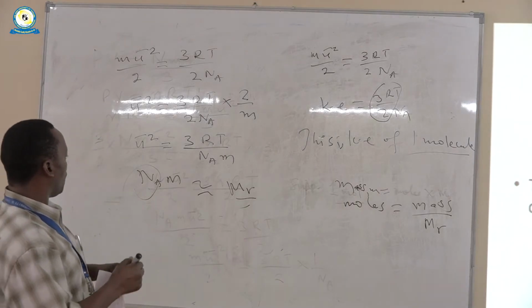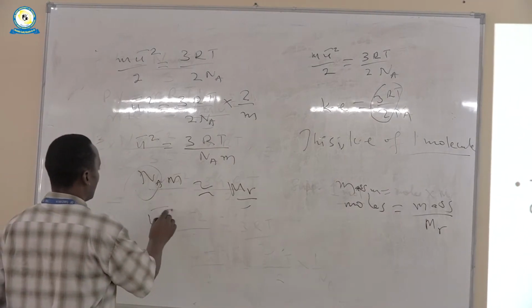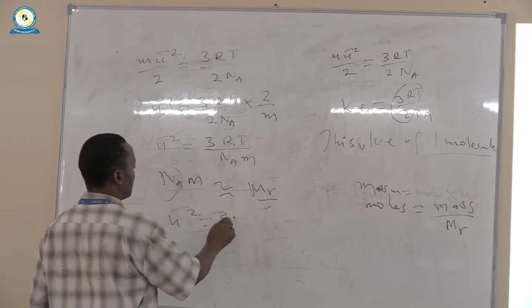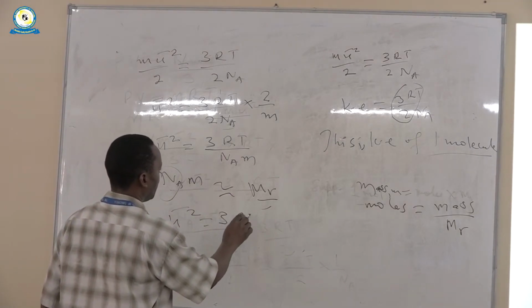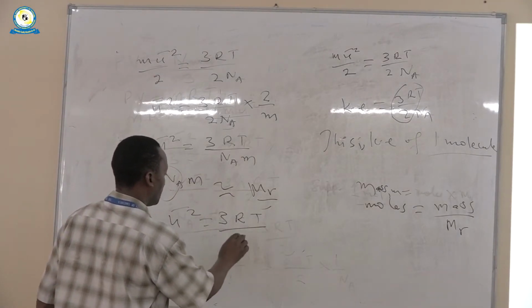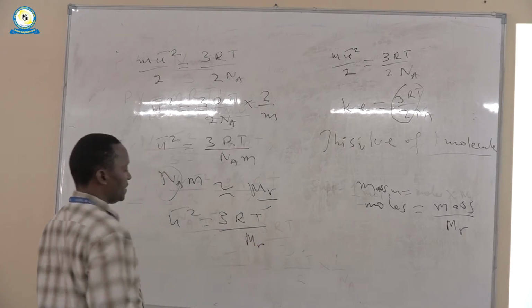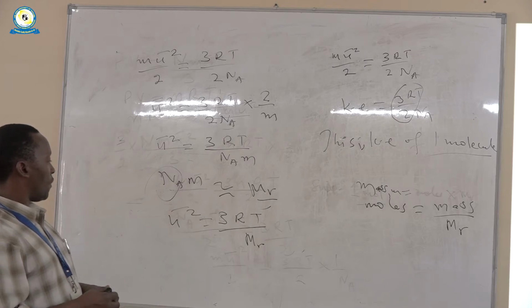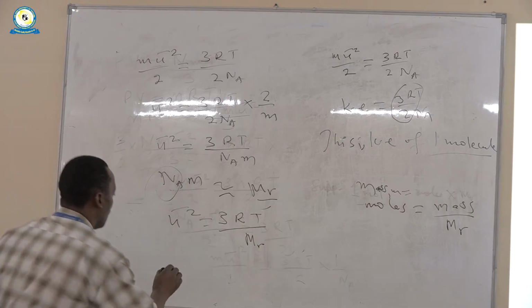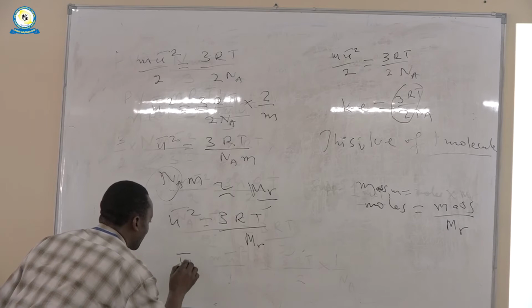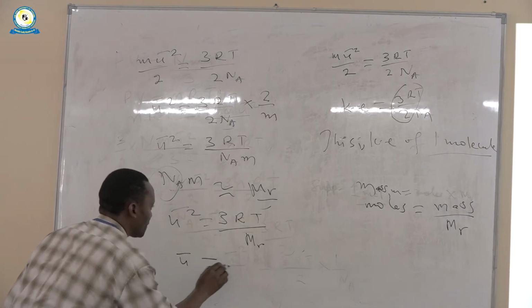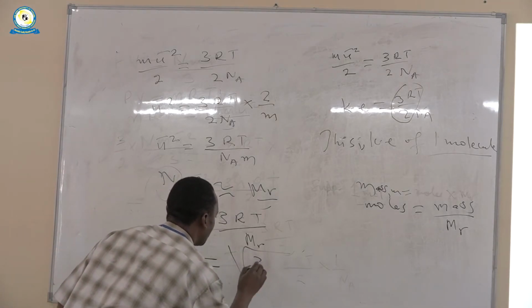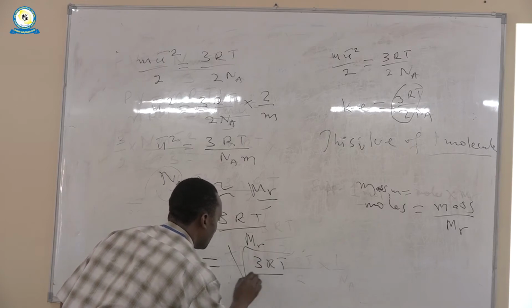So if we substitute there, we will have 3RT over molar mass. If we find the square root on both sides, we will have the square root of 3RT over molar mass.